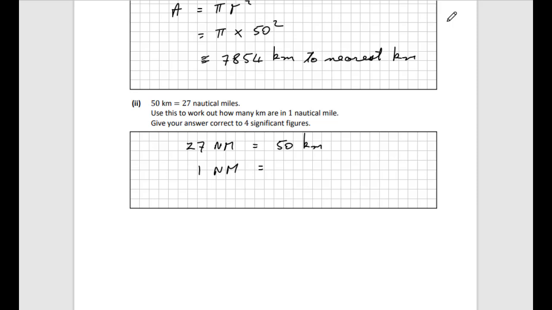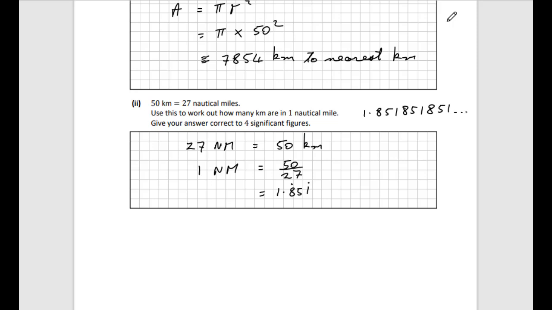You divide by 27. So divide 50 by 27, and it says give this to 4 significant figures. So when you do this on your calculator, you'll get 1.851, with a little dot over the 8 and a little dot over the 1. That means it's 1.851, 851, 851, and so on.